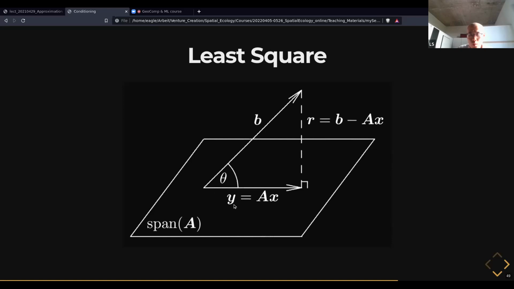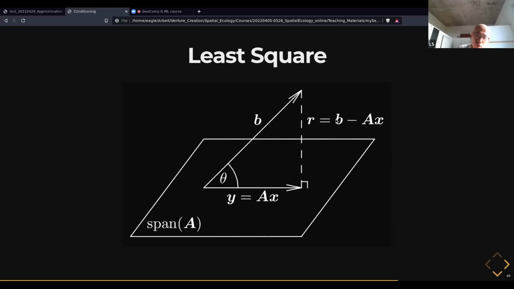Then this is Y. So Y is a hidden determined vector based on your exact system, and there's an angle between your actual observation and the exact system, and the angle corresponds to the residual.